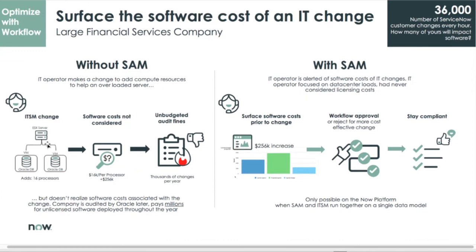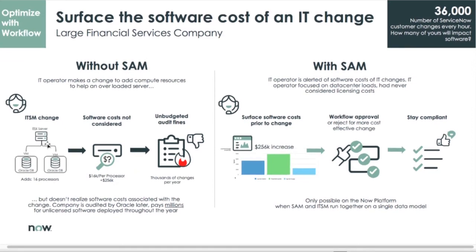And then here's another interesting one, and it comes from the power of the platform. A lot of times organizations, when they're doing various changes, that change could be as a result of a project, that change could be a result of an enhancement, new capabilities that you're rolling out. But a lot of times there's not a lot of visibility into software cost changes prior to that change going out.